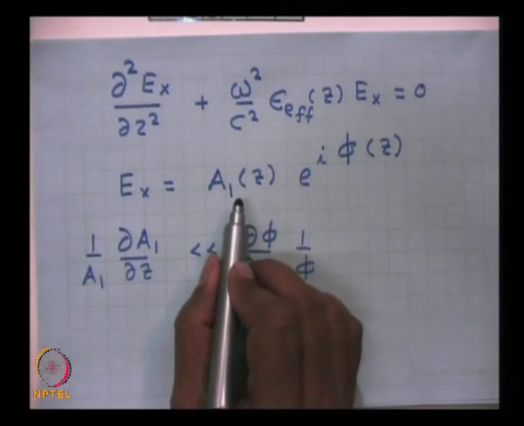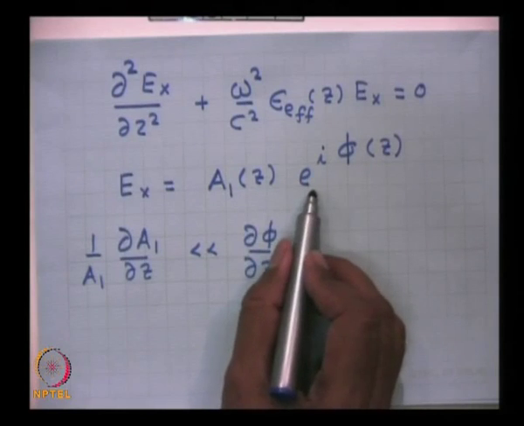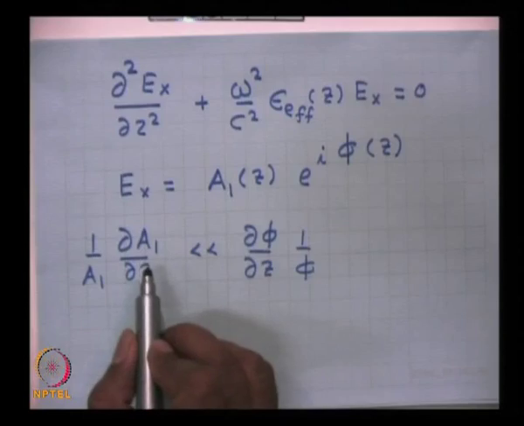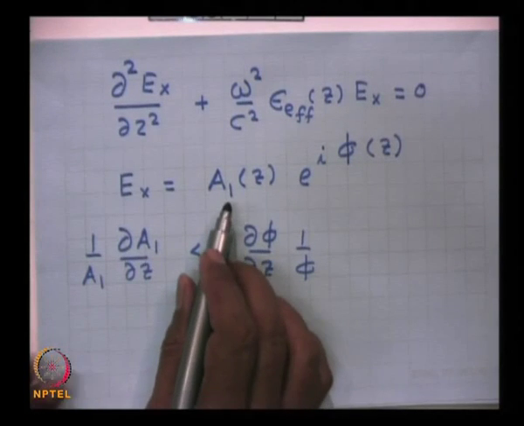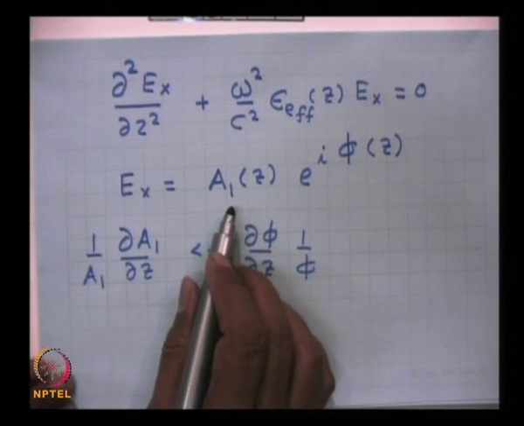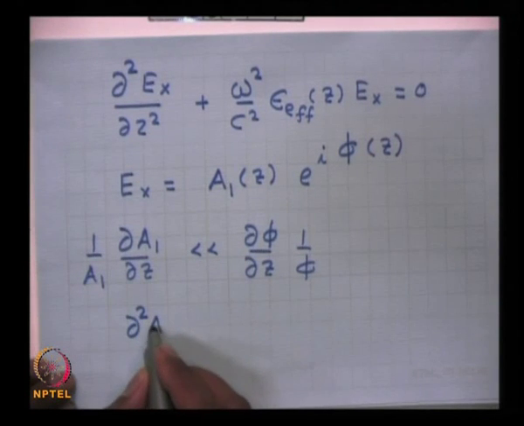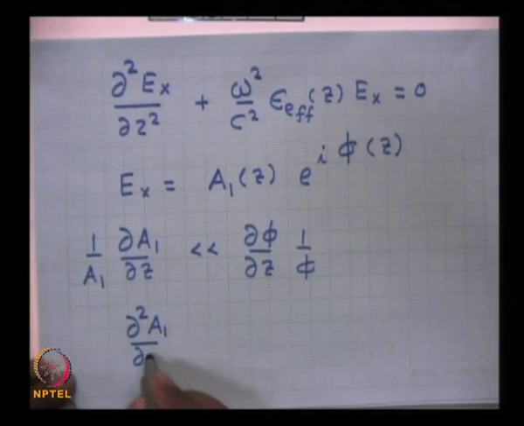So when I substitute this expression in the wave equation, I will say that the first derivative of A1 I will certainly retain, but I will ignore the second order derivative of this. So I am going to neglect d²A1/dz².